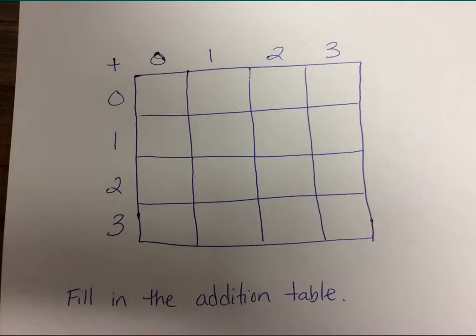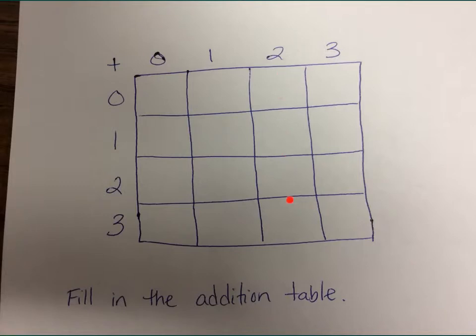When we're trying to fill in the missing numbers, we have to look both at the column and the row to figure out which two numbers to add. For example, when I go down the column for 0, I'm going to add 0 to each of these boxes. When I go down the column for 1, I'm going to add 1 to each of these boxes.